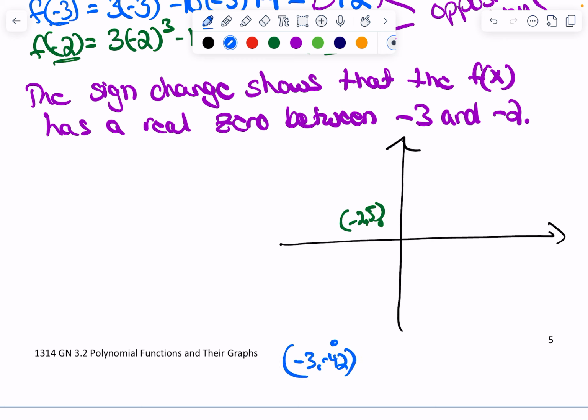So what happens is that it does cross right here and then it goes somewhere. So there's that real zero. And then it probably does something like this or whatever. It doesn't matter what the rest is. We just know that between these 2 points, there's a real zero right here. We just don't know what this point is. We didn't calculate that. We just know that it goes through.